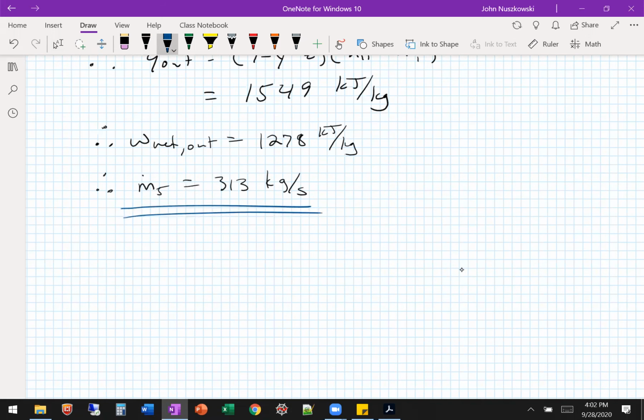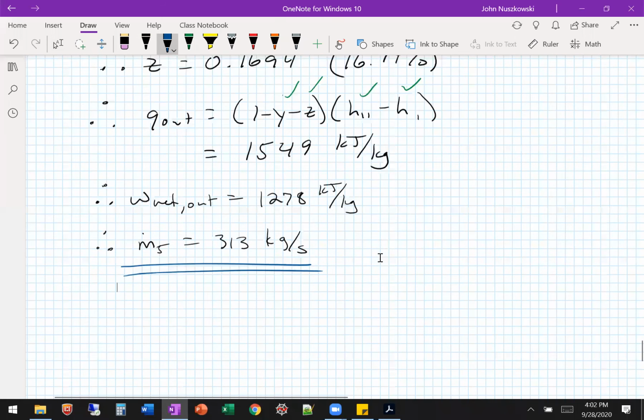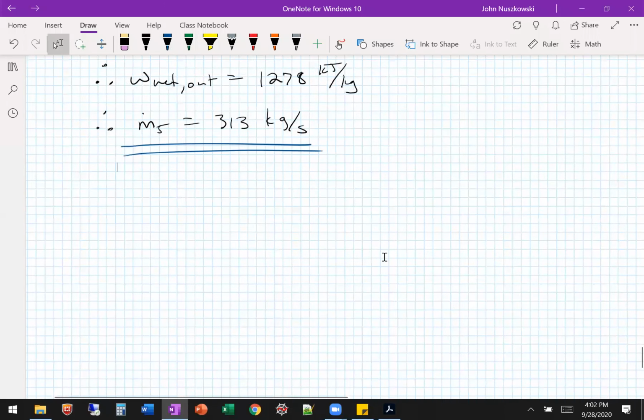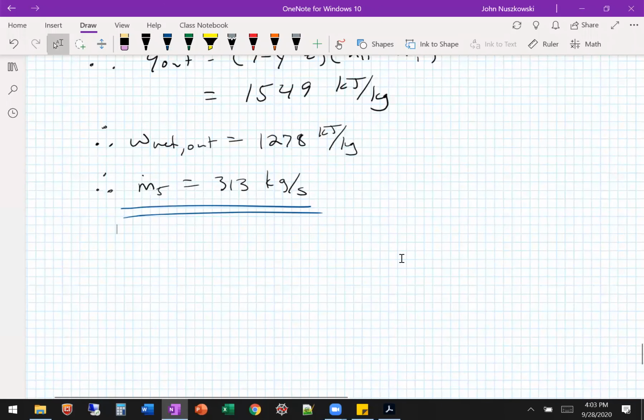Okay, and then we could solve for the actual mass at those extracted locations, and a percentage of that, right? Any questions so far?